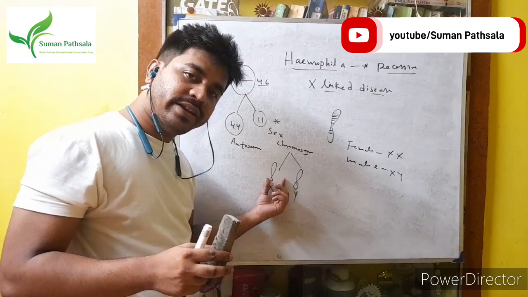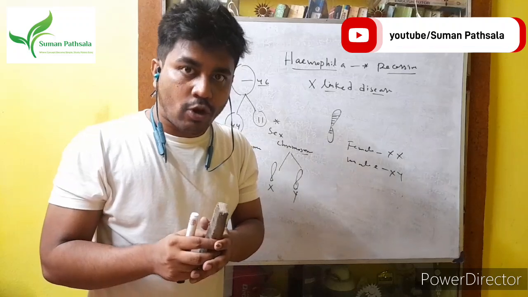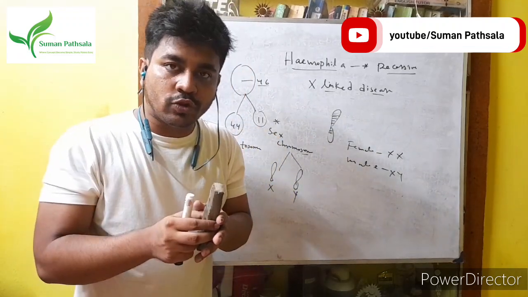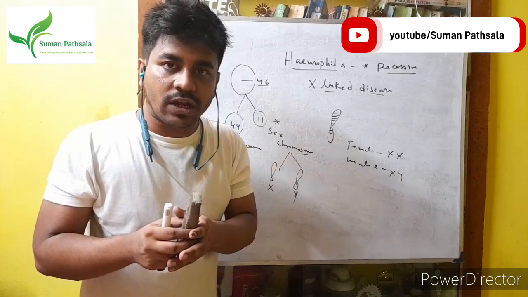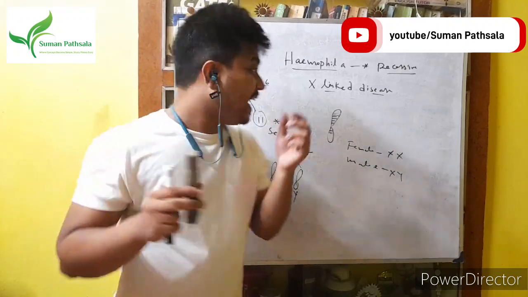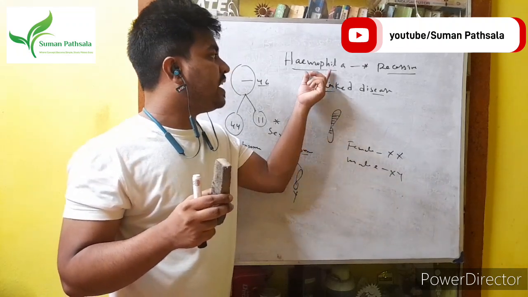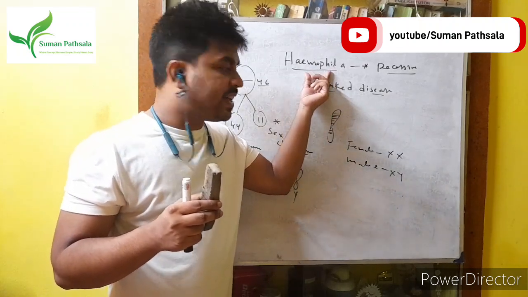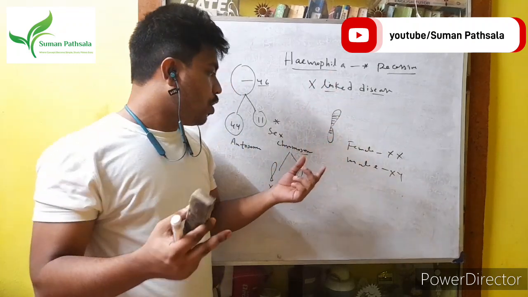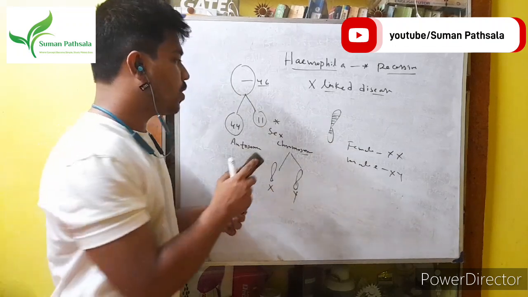If any gene present on the X chromosome is not functional, at that time it leads to an X-linked disease, for example hemophilia. That's why hemophilia is an X-linked disease, which is attached to the X chromosome.